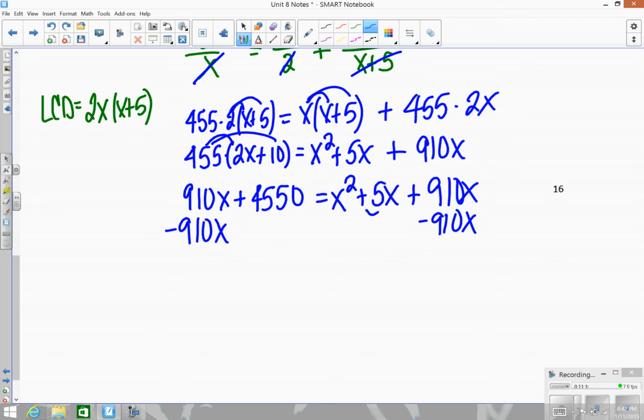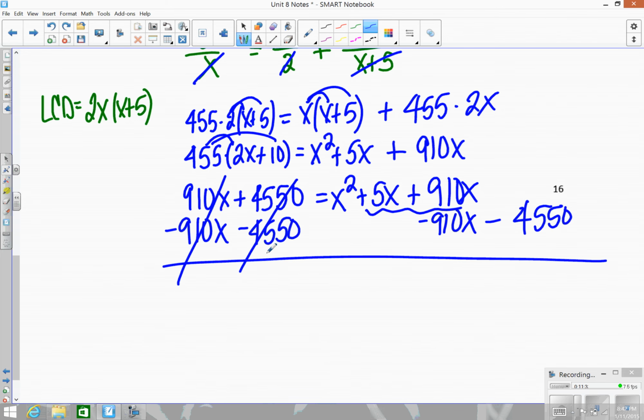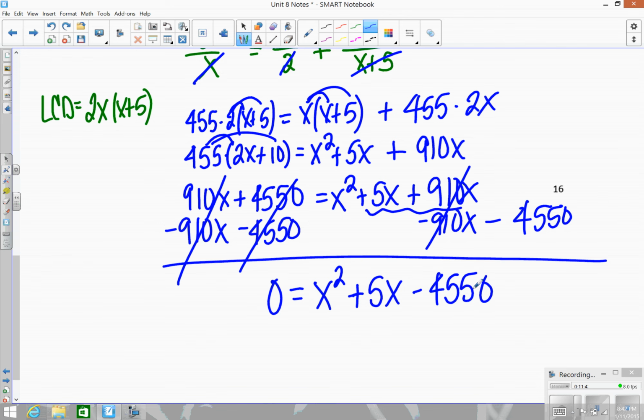Before I combine like terms, I'm just going to subtract those 910x because I know they're going to cancel. And I'm going to bring this 4,550 over. So I'm going to have 0 equals x squared plus 5x minus 4,550.